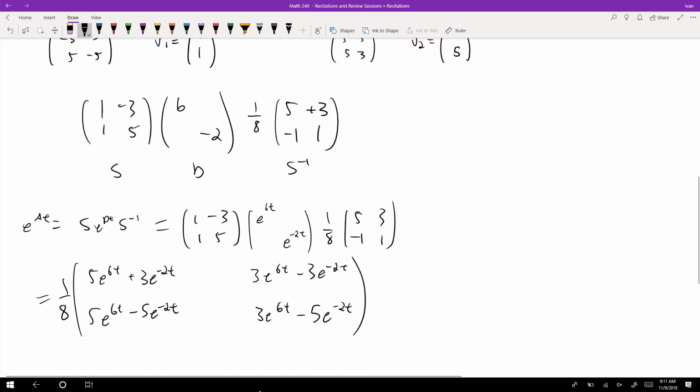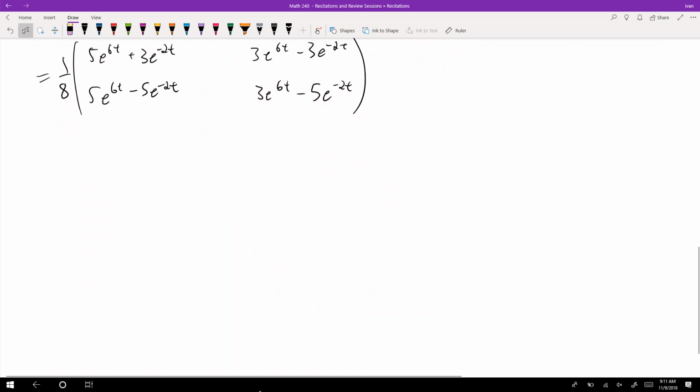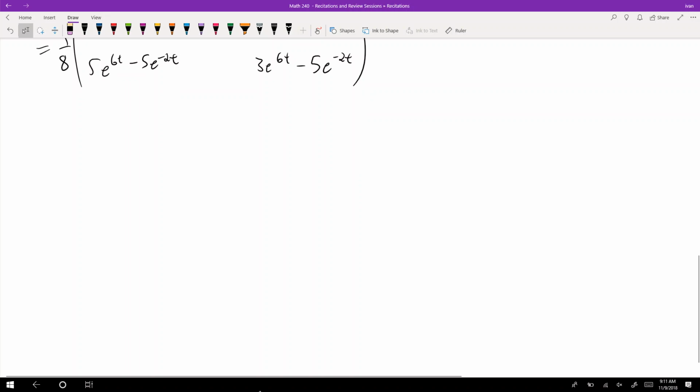Do we want to go through another example or no? Not really? Okay. In the previous recitations, we went through a 3x3, but it's the same case. You diagonalize it, you raise it to the whatever power, and then you just multiply them together.